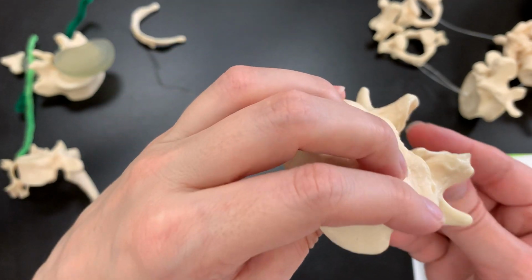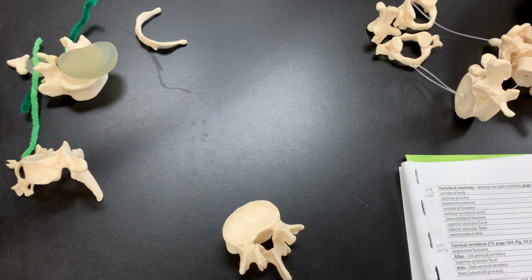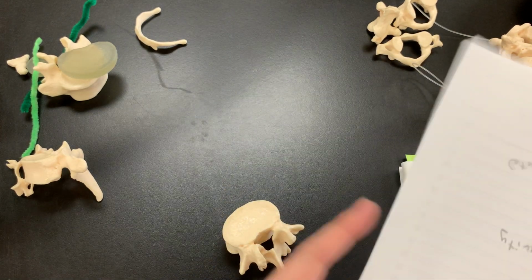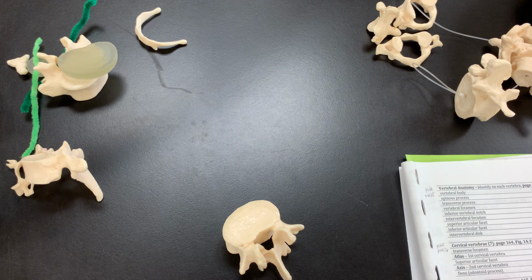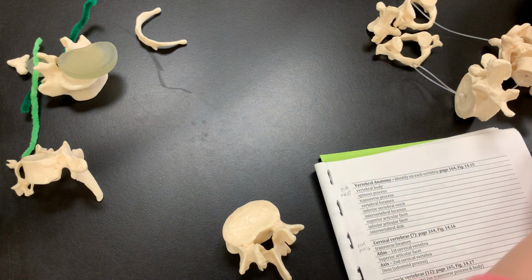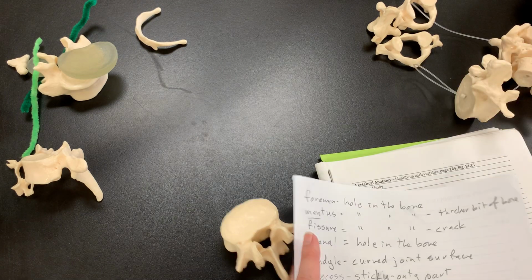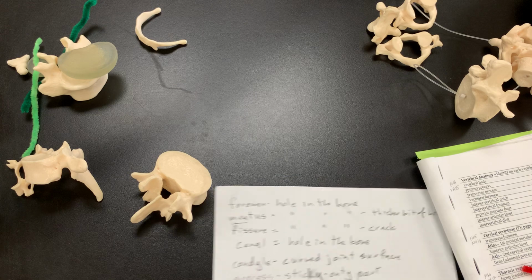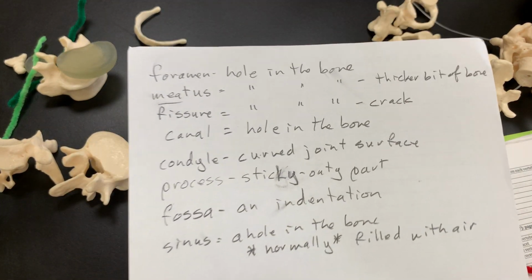The superior articular facet. A facet is a flat joint surface. Now, just a second, we had a list of terms going on. Terms we need to know.